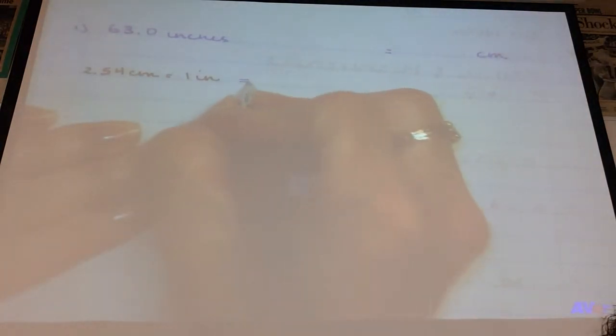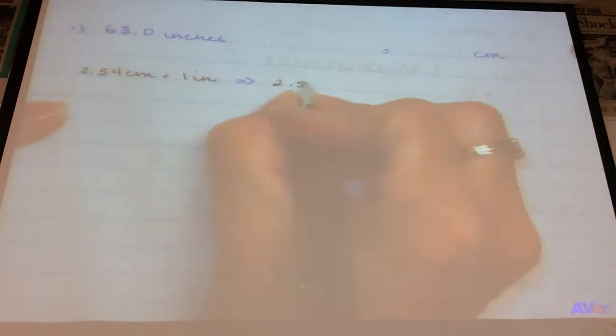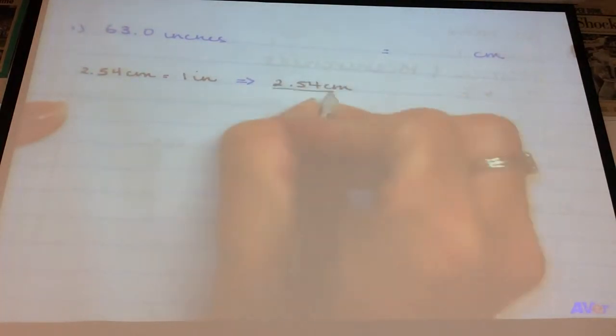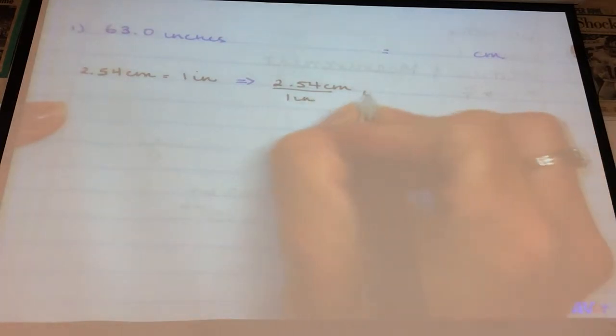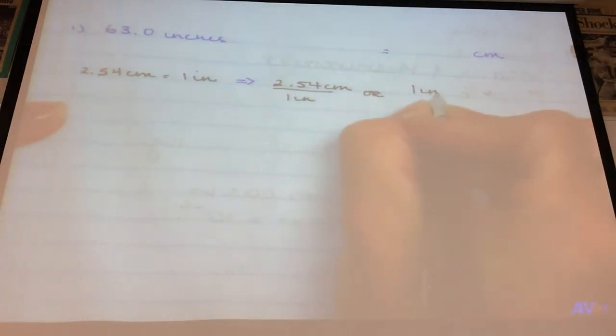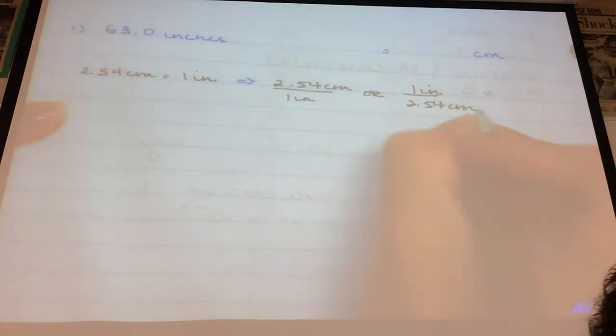Now with this equality, I can write this one of two ways. I can write 2.54 centimeters over 1 inch, or I can write 1 inch over 2.54 centimeters.